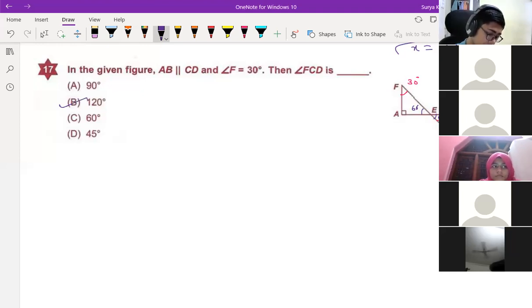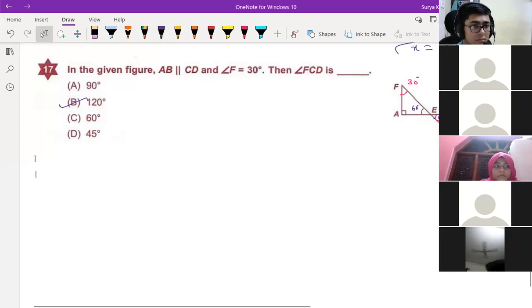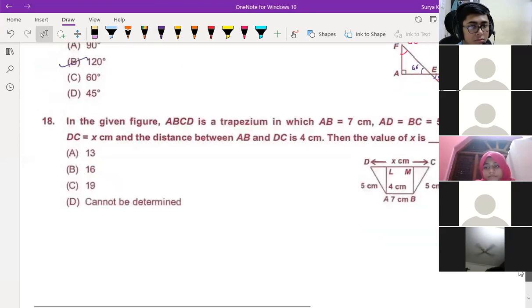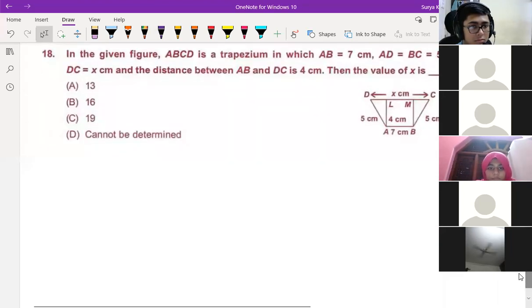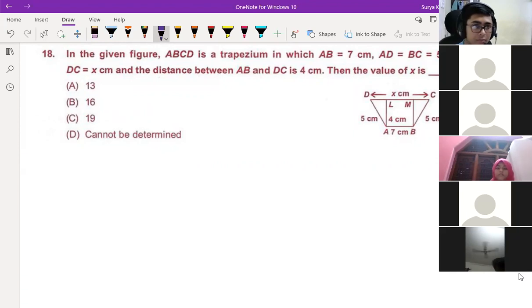Next question, number 18. In the given figure, ABCD is a trapezium in which AB is 7, AD is equal to BC is equal to 5 centimeters.